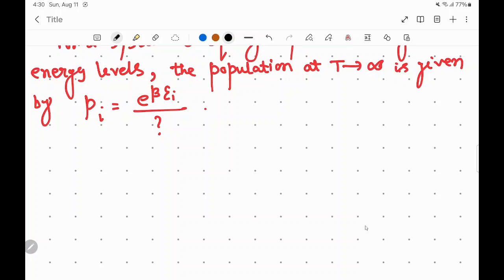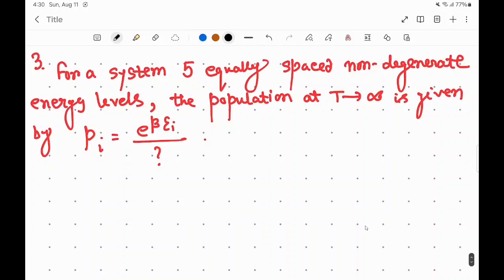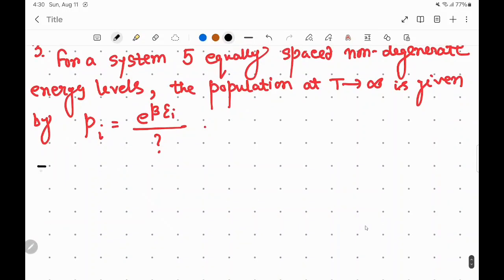Okay, 5. How? Because at infinite temperature, all energy states get the same amount of molecules. So 1 by 5 in all. Okay, you directly did that. But what formula did you apply?